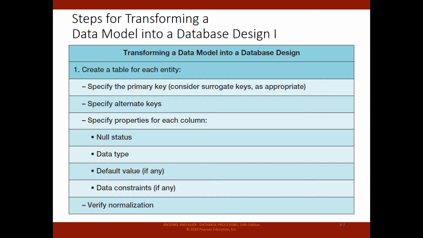Let's recap. For maximum cardinality, there is one-to-one, one-to-many, and many-to-many. And for minimum cardinality, we have 0 to 0, 0 to 1, and 1 to 1.